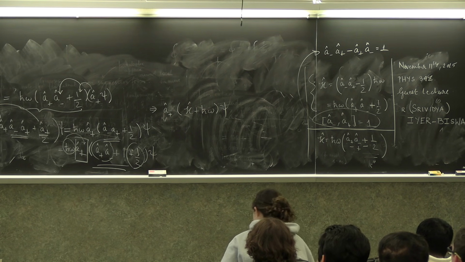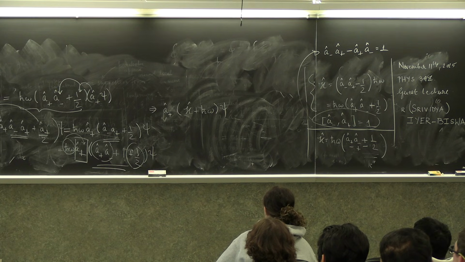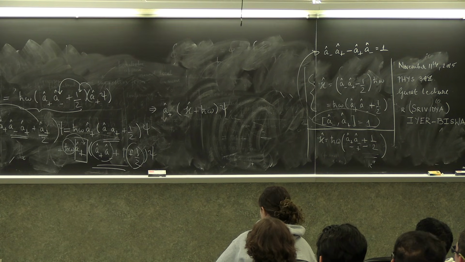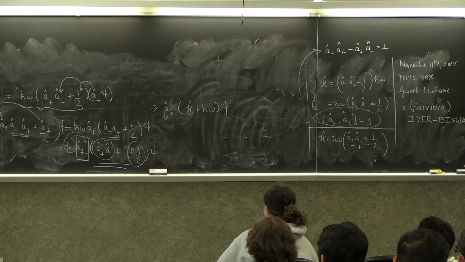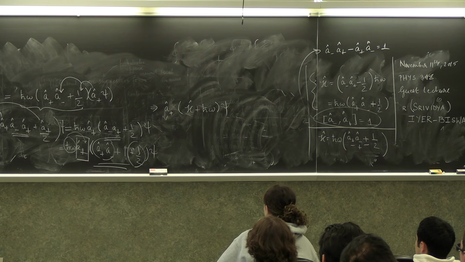H bar omega is just a number, so we passed it through and multiplied, and identified two of those terms with the Hamiltonian, identifying with the top line of that equation again. What was left over was 1 times H bar omega, which gives me that second factor of plus H bar omega inside the bracket.